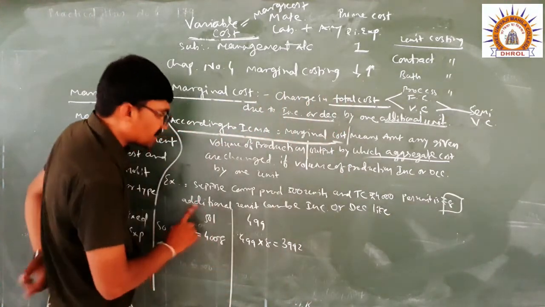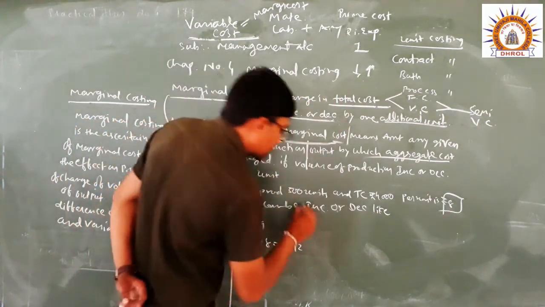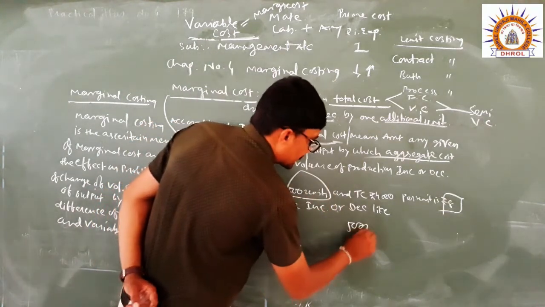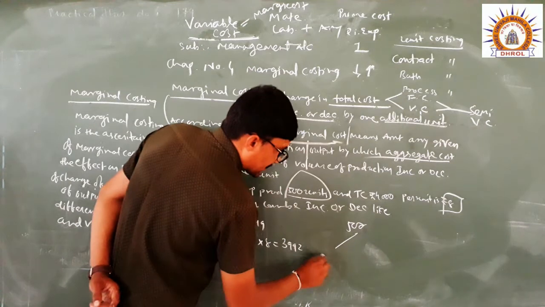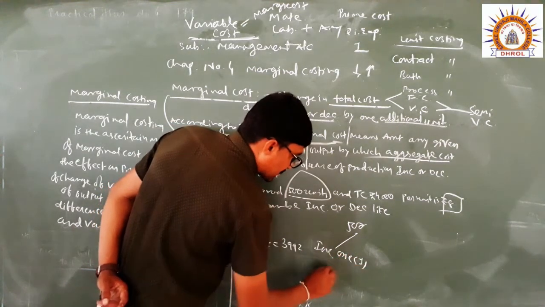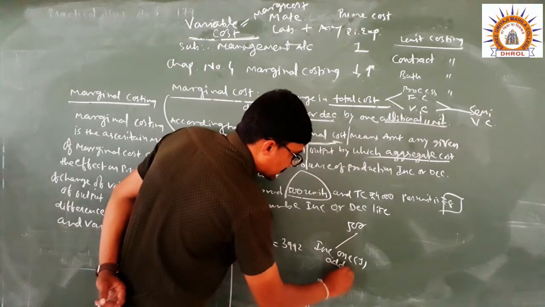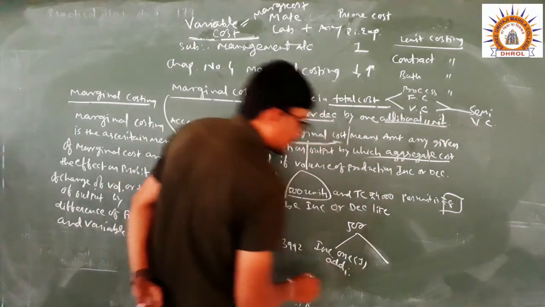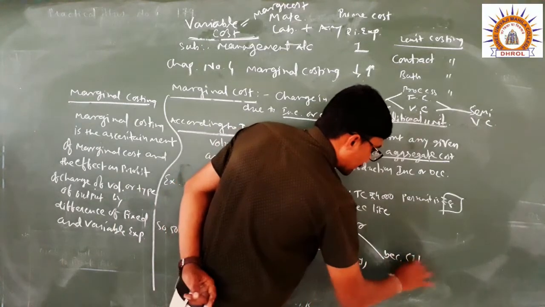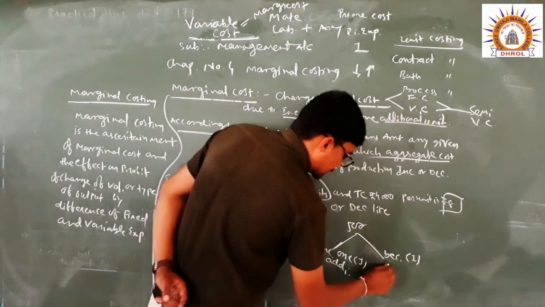Now the company produces 500 units. Suppose the company can increase by one additional unit, and the company can also decrease by 1 unit.